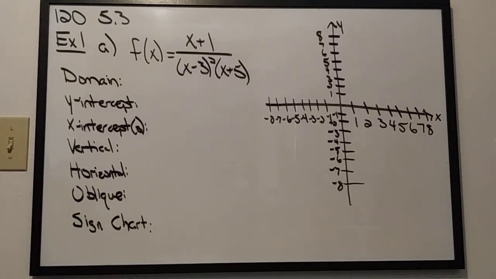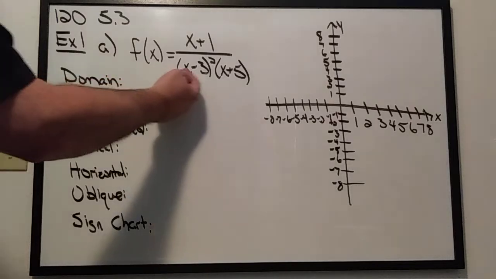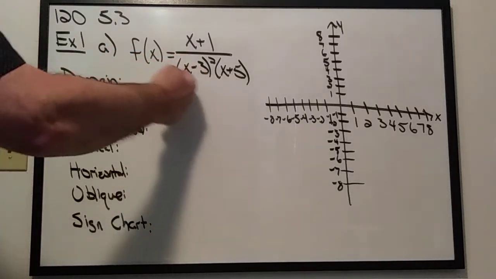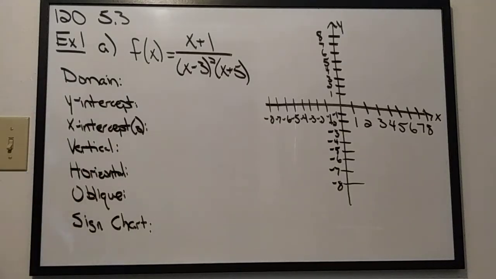So when you look at this problem, you have to ask yourself, what x values would make any of our denominator factors 0? Well, if we have a factor of x minus 3, that means then that we're going to have a 0 of 3 associated with that. That means that 3 would zero out that factor, it would make the denominator 0, and we can't divide by 0. So we can't play with 3.